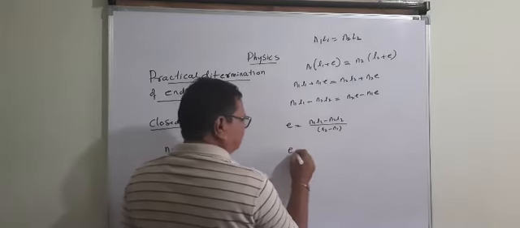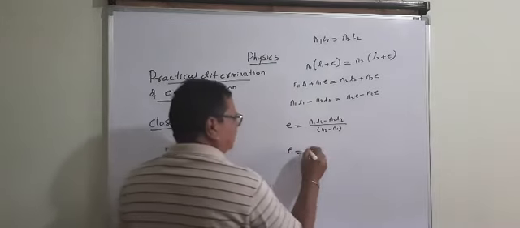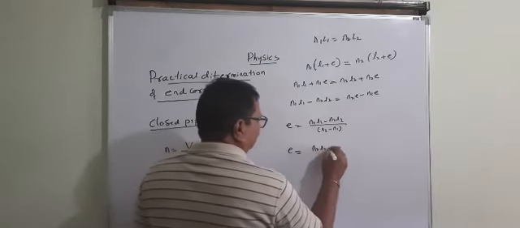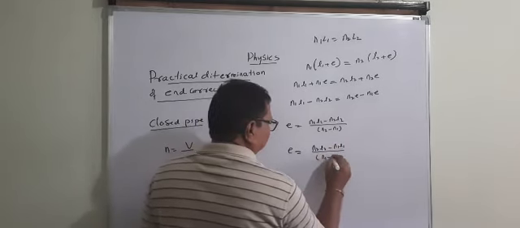If you take minus common, what we get? E is equal to N2 L2 minus N1 L1 divided by N1 minus N2.